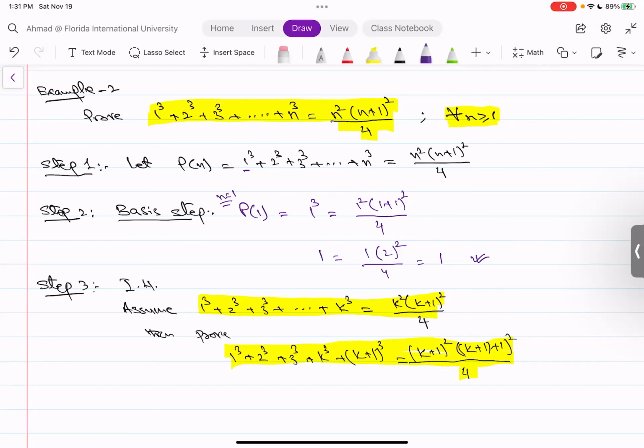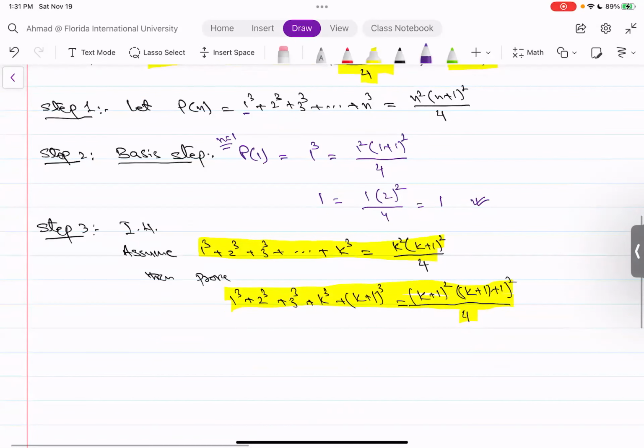Now, how we are going to prove it? The next thing. So now from my assumption, we know that this value is already equal to this one, right? So what we will do, we'll substitute this value.